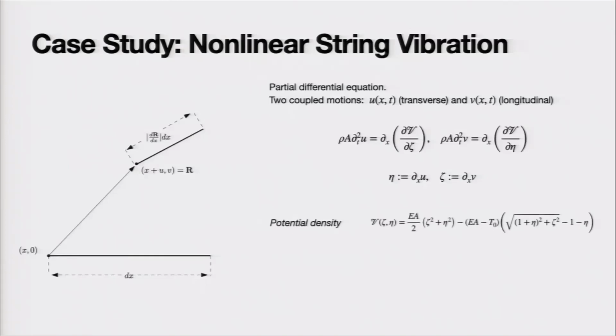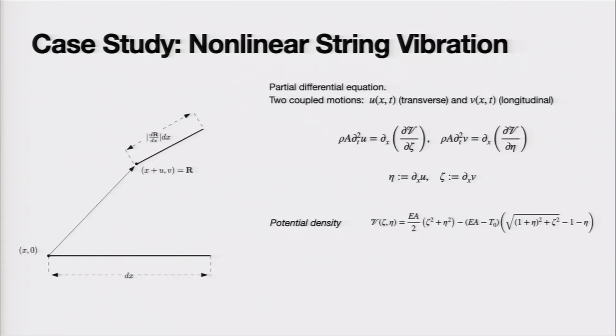So V now is a potential density that looks sort of weird because you have these quadratic parts that are the linear part of your system, and then this awful square root of stuff, and a minus sign over here too. So it is not immediate to see that this potential is non-negative, but actually it is non-negative.